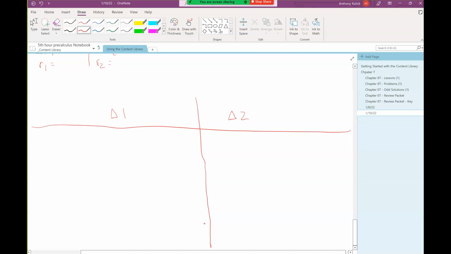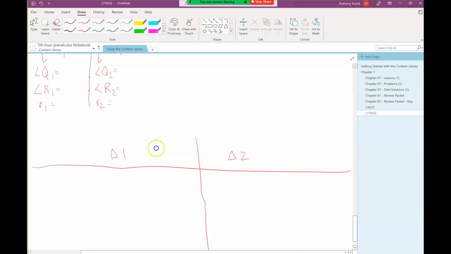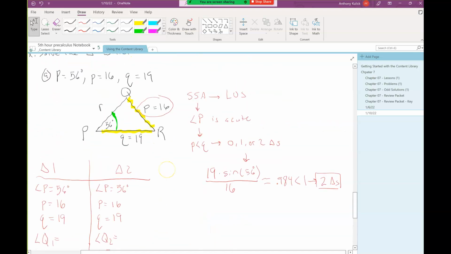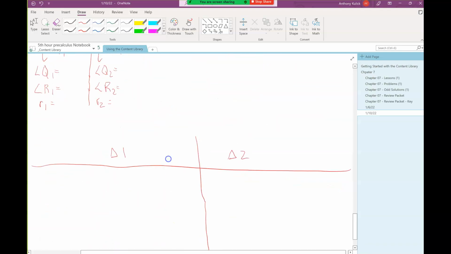So solving triangle 1, this is going to look just like any other law of sines problem. I'm going to start by finding the side and angle that we know both of, which is side P and angle P. And then I'm going to have to solve angle Q next because I know only side Q. Everybody good with that? So we'll just write sine P over P equals sine Q over Q.